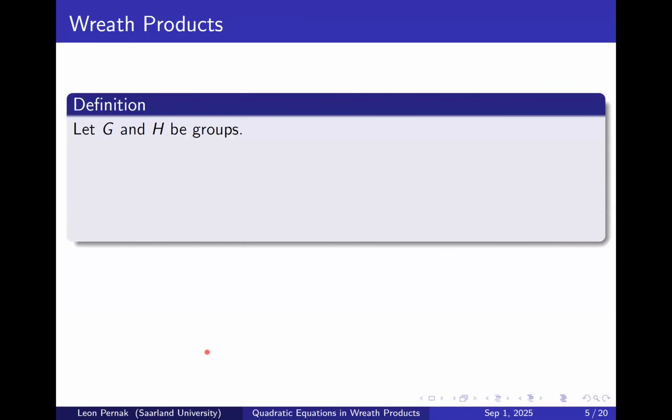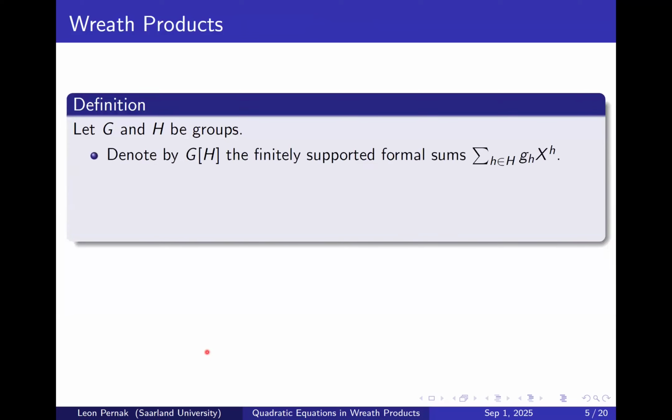Now, wreath products, the second thing of the title. Let G and H be groups. Then G^(H) is just the formal sums with coefficients in G and indexed by elements in H. I will write them with a capital X here instead of just writing H down there, because this resembles more what I'm going to talk about later, which is polynomials.